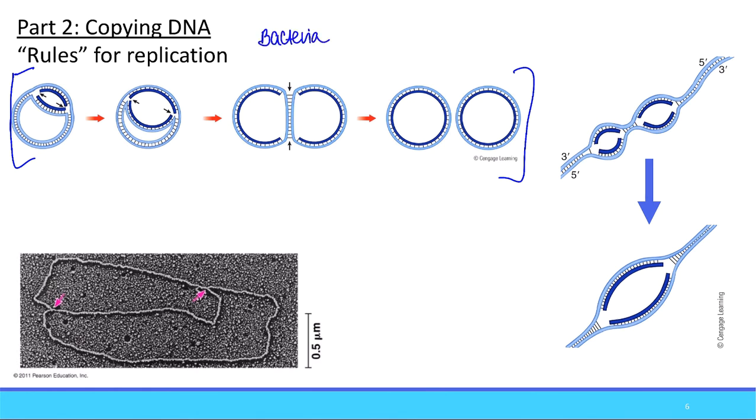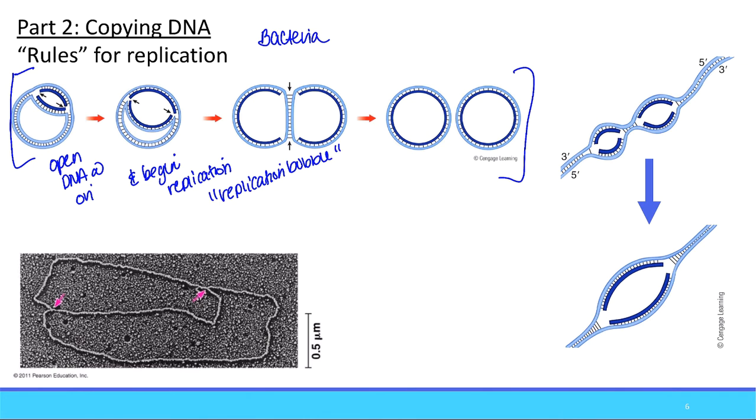So this is for our prokaryotic friends. And what's going to end up happening is we can tell right here we have opened up the DNA. So we open the DNA at the origin of replication and we begin replication. And we call this the replication bubble.